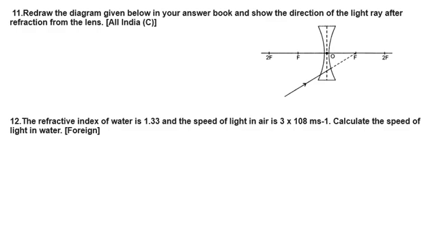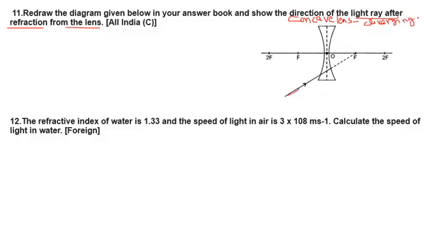Now redraw the diagram given below in your answer book and show the direction of the light ray after refraction from the lens. As we can see here, this is a concave lens. Concave lenses are diverging lenses.